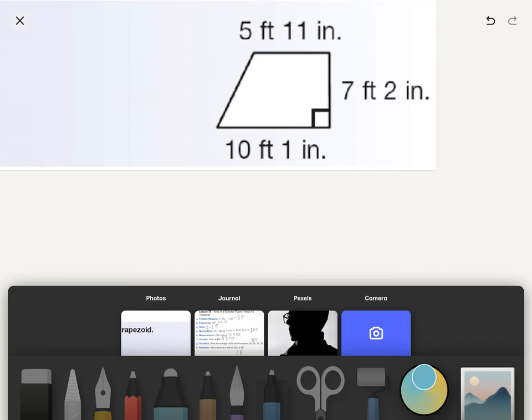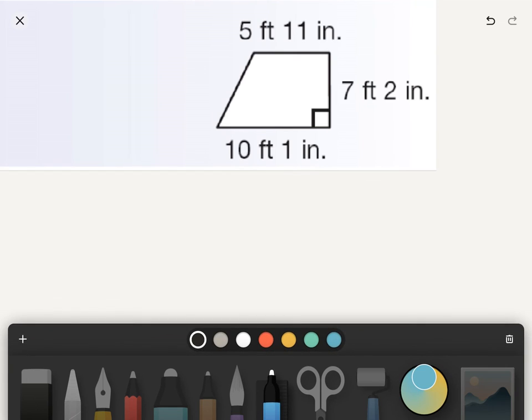Round the sides, and then get your answer. So basically, what would I round 5 foot 11 inches to? Yes, 6.